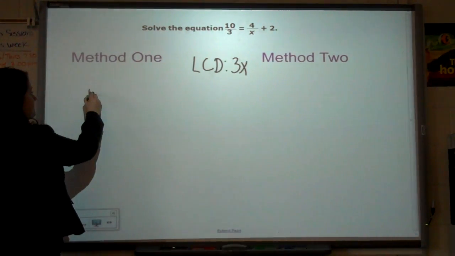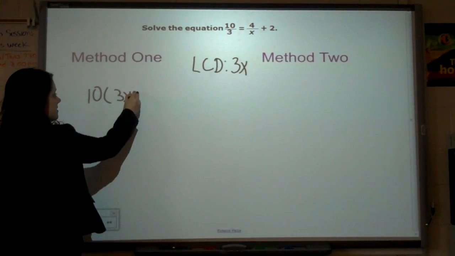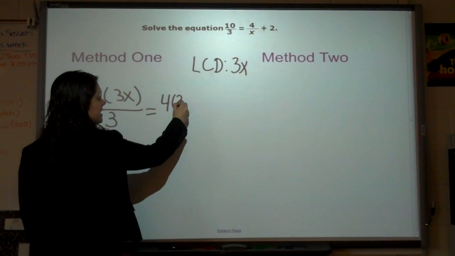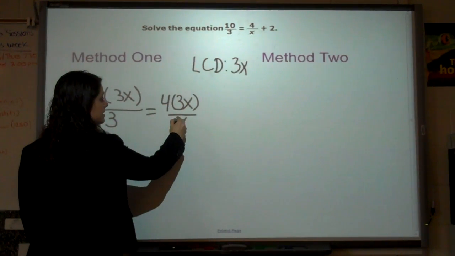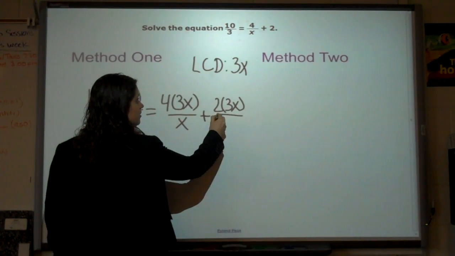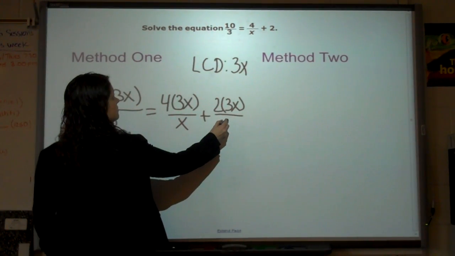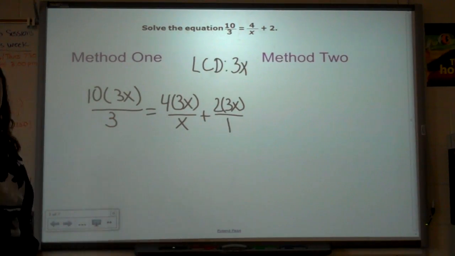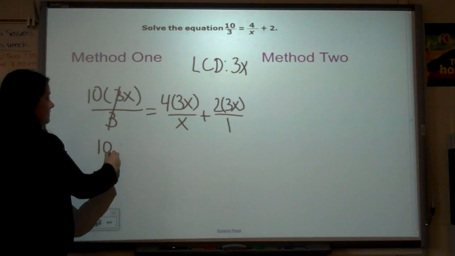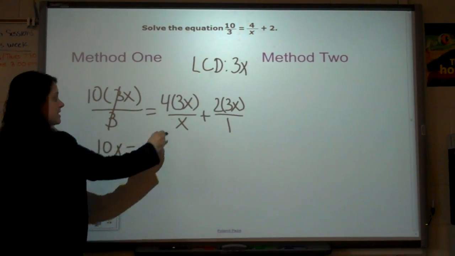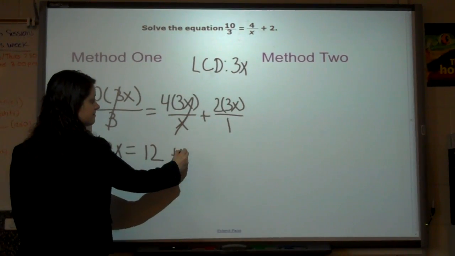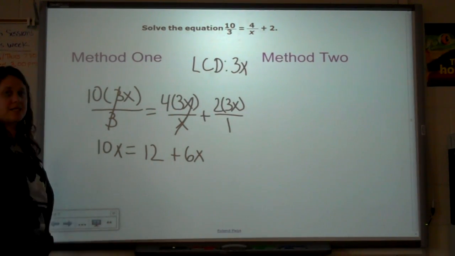It would be 10 times 3x over 3 equals 4 times 3x over x plus 2 times 3x over 1. Now let's look at what happens. These 3's cancel out, and I'm left with 10x. These x's cancel out, and I'm left with 12. And nothing cancels out there, so I'm left with 6x.